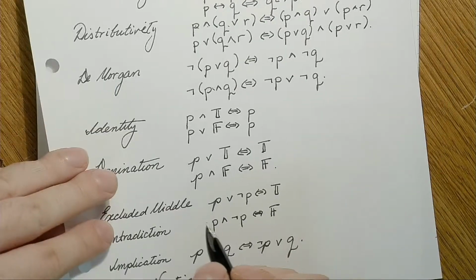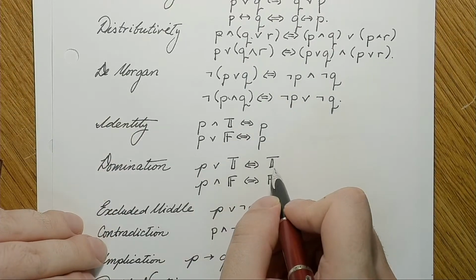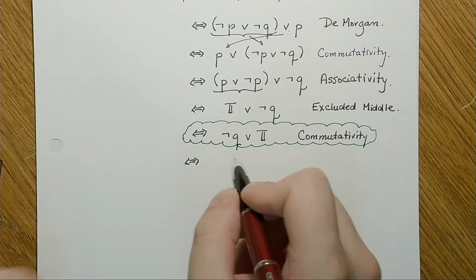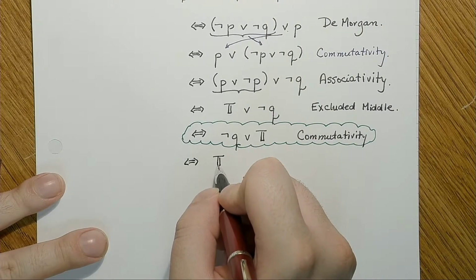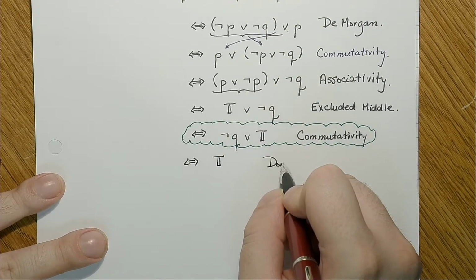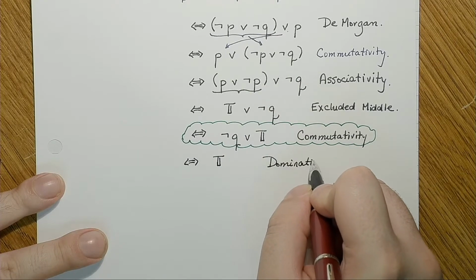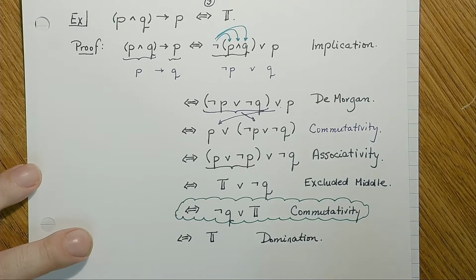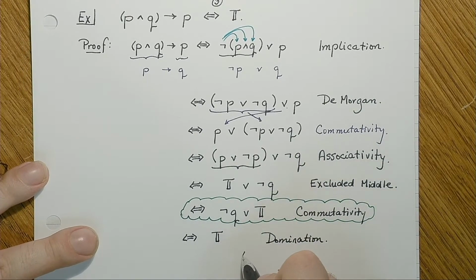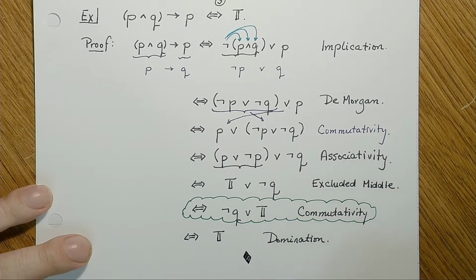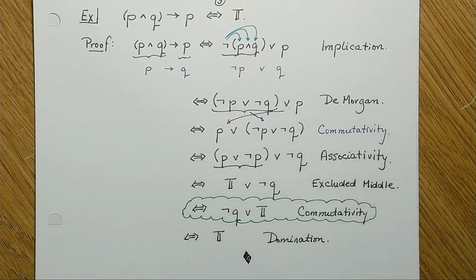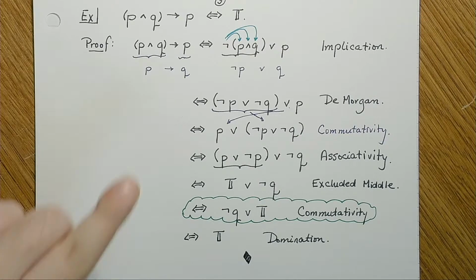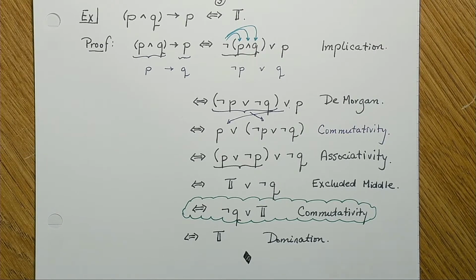And so by the domination rule, we know that that is equivalent to a tautology. And so we're done. We're done proving that P and Q implies P is a tautology.